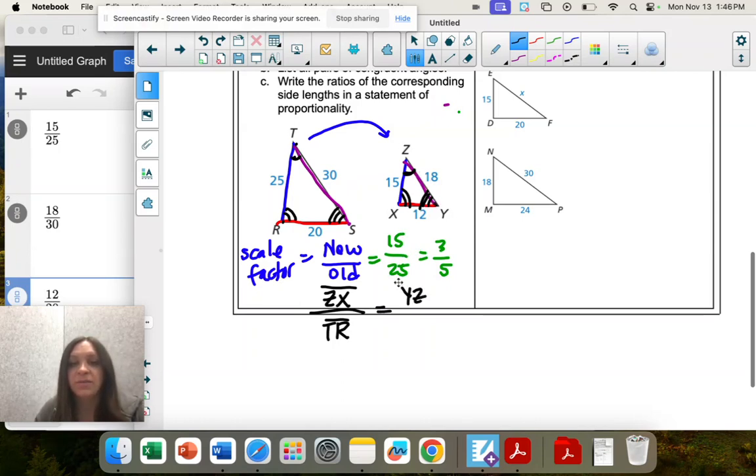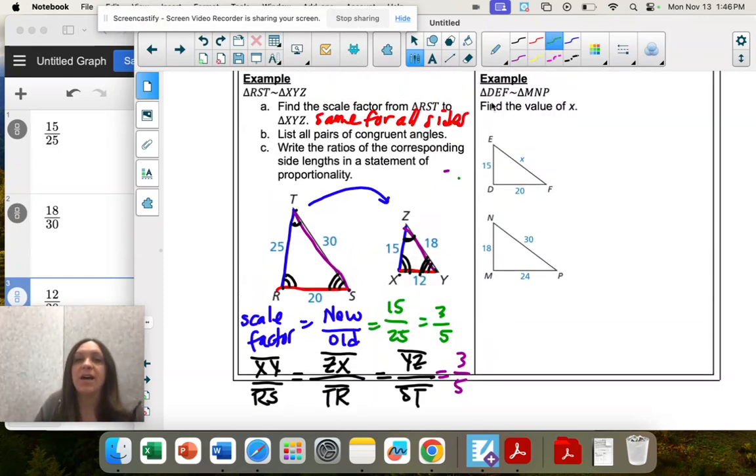YZ is equal to ST. I'm running out of room. I'm going to come over here. And then I would do the last side. XY and then RS. So those are all the sides. It's what we just did over here in Desmos divided. Those all equal 3/5.